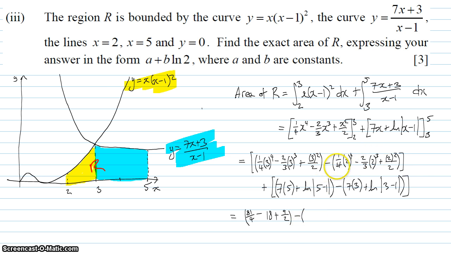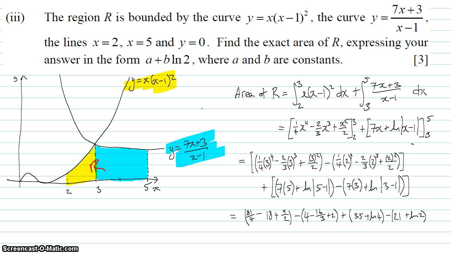Minus a quarter times 2 to the 4: 2 to the 4 is 16, divided by 4 is 4. Minus 2/3 of 2 cubed, which is 16 over 3. Plus 2 squared over 2 is just 2. Plus, this is going to be 35 plus ln 4, minus 21 plus ln 2.